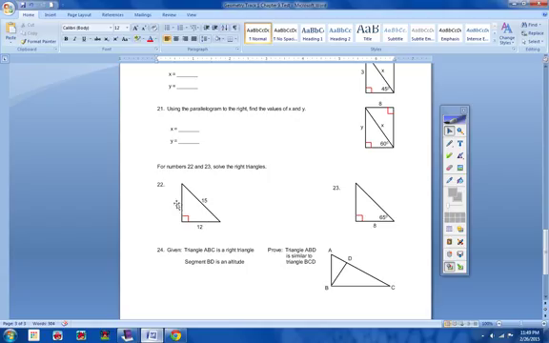Let's say when you solve this side right here, it's 14, put a 14 right here. When you solve for this side here, put whatever number it is. And then when you solve for this angle, put it right here. So just put your answers inside the triangle or on the correct side that it goes to, okay?